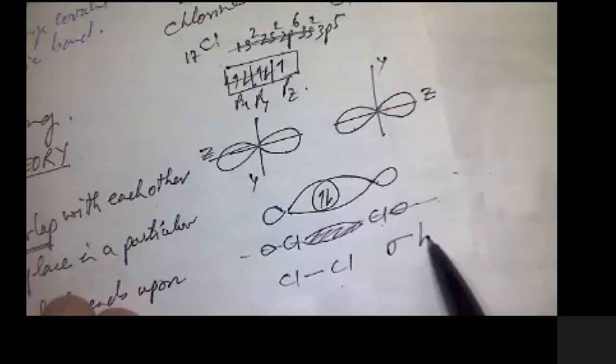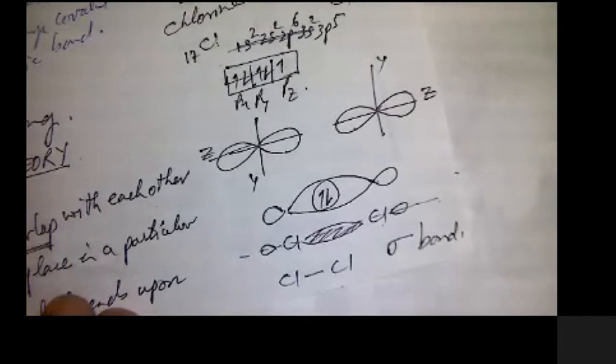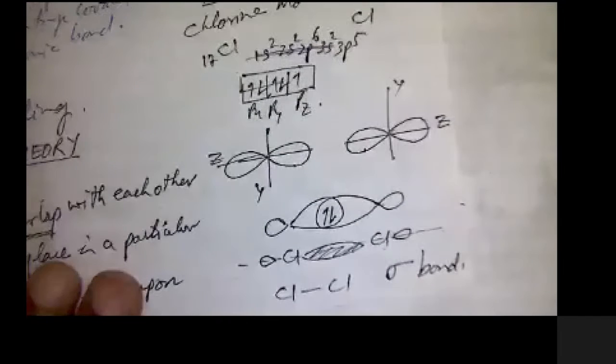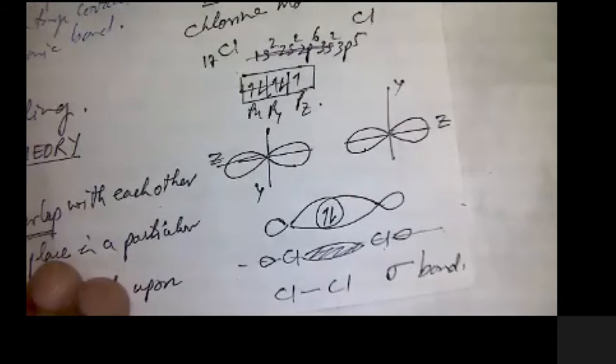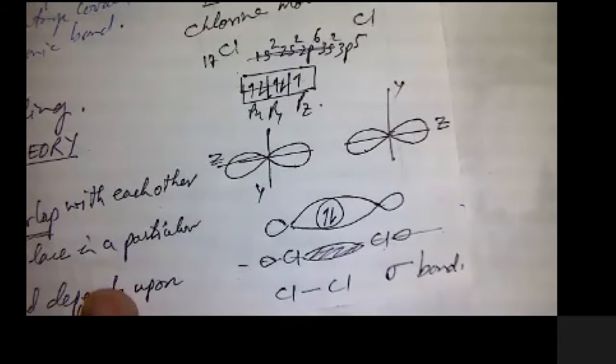This is also a sigma bond. So chlorine is also an example of sigma bond. Chlorine molecule, sigma bond. Done.